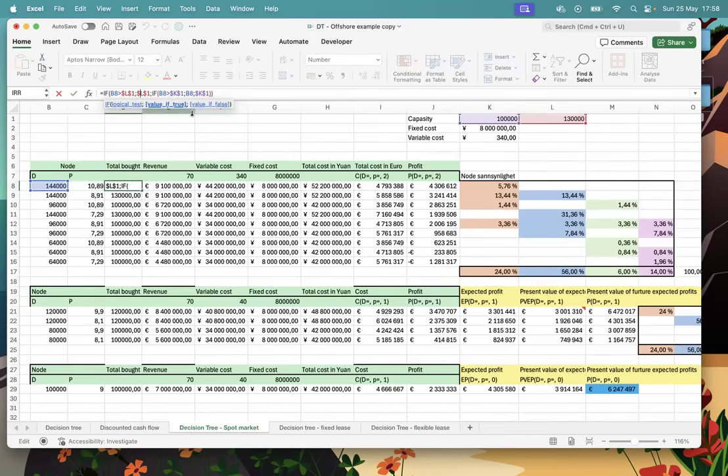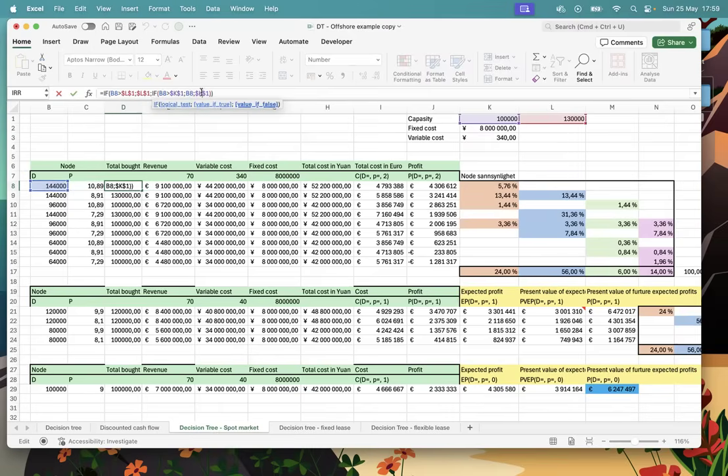And lastly, if this is false, meaning our demand is lower than 130,000, I have written a new if equation for the false value, checking whether the demand is lower or higher than our lower limit. If our demand is higher than the lower limit, we will use our demand.